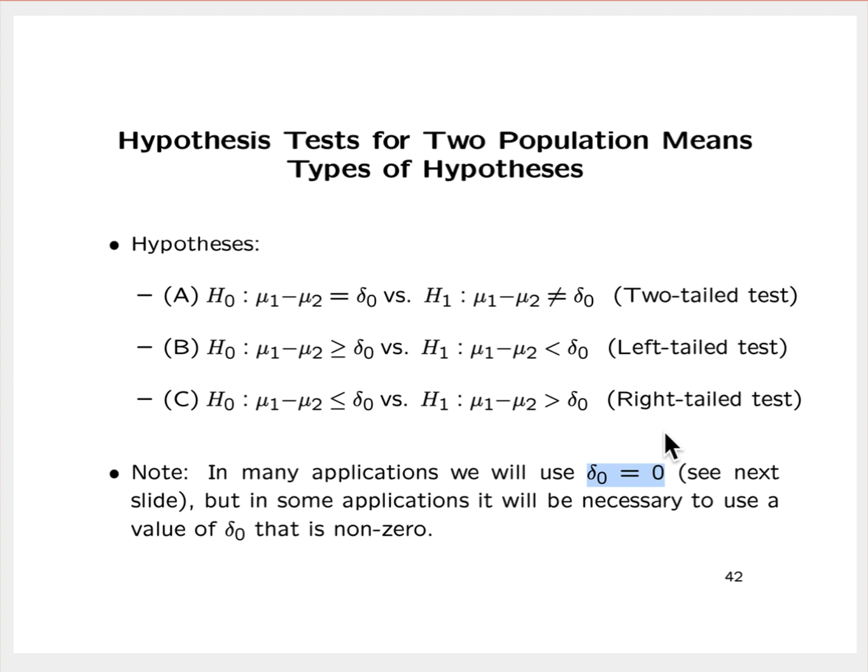Let me just say that there are criticisms out there in some of the literature criticizing this kind of hypothesis testing where a value of 0 is used. And they say that in most scientific research a value of 0 is really not relevant. It's really not the appropriate value to use.